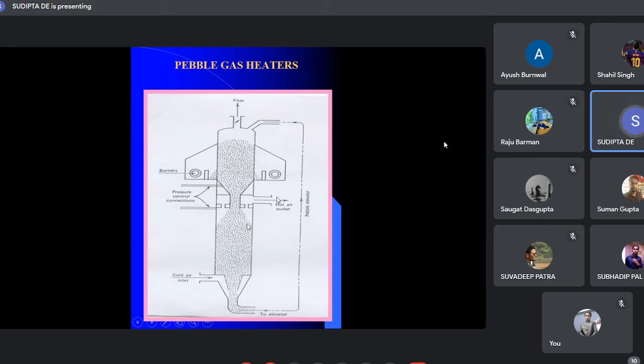Now think of the situation. If there is a choked situation, the solid is not flowing, then pressure on this section is increased and corresponding pressure on this side is decreased. So as this pressure difference increases, the solid starts flowing again.